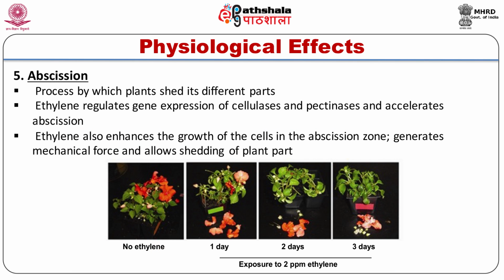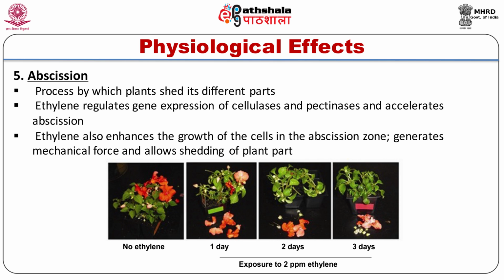The next important function of ethylene is acceleration of abscission. Abscission is the process by which plants shed their different parts. Combined activities of several cell wall degrading enzymes are responsible for the changes required for abscission. Cellulases and pectinases are the major ones.